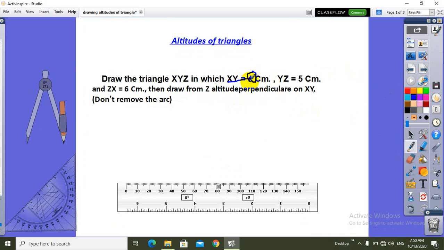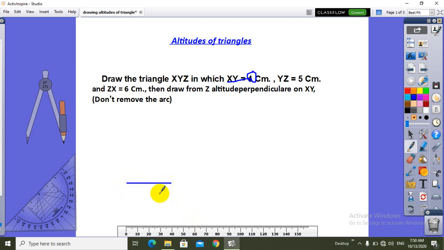From 0 to 4, I draw the first side. This is X, Y.